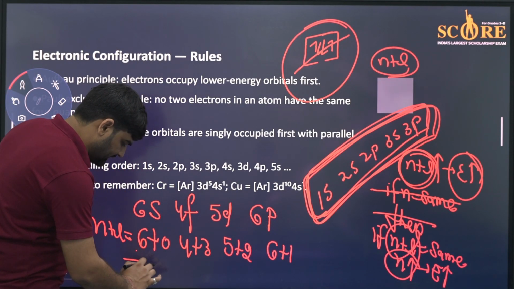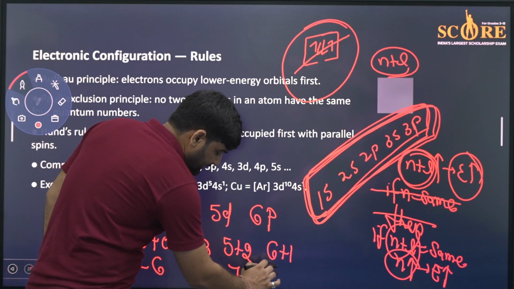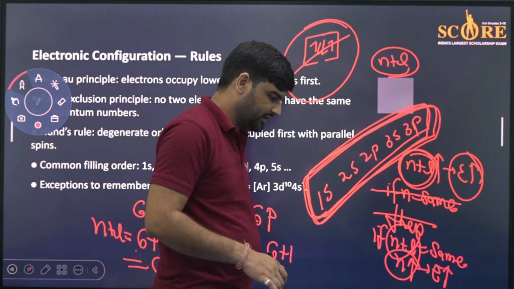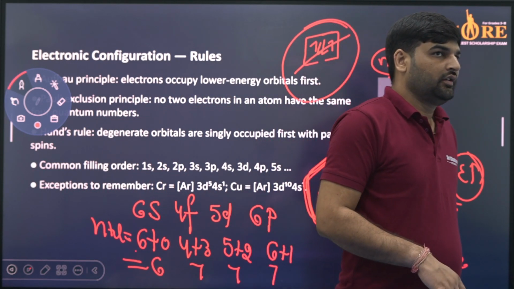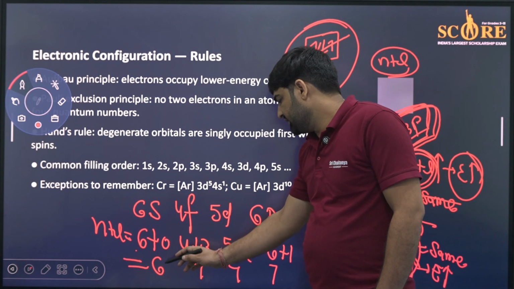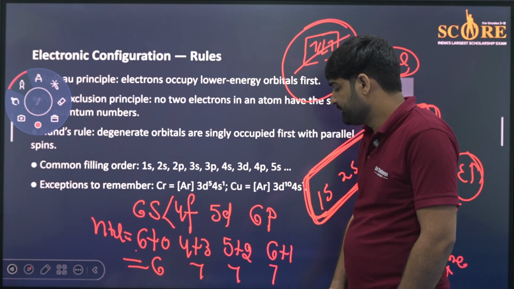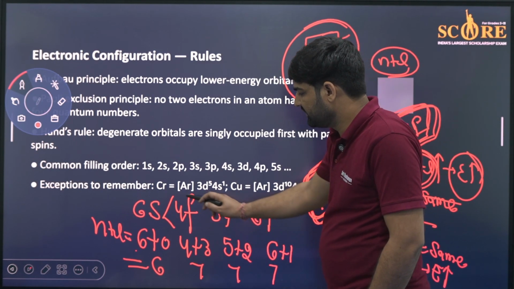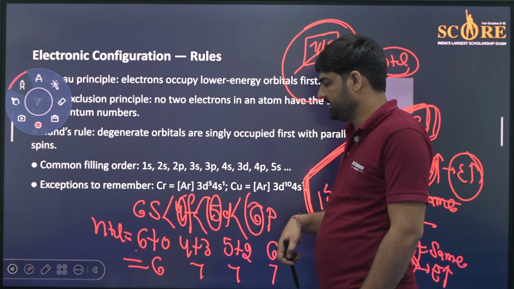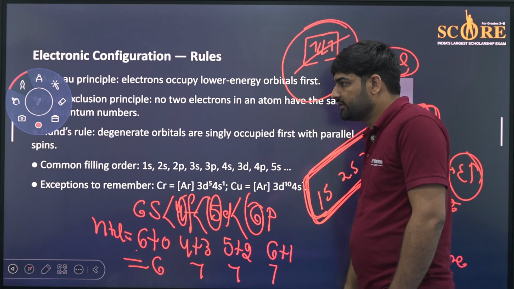So this is 6, and this is 7, 7, 7. First we have to check n plus l. If n plus l is increasing, then energy also increases. When n plus l is the same, then on increasing n, energy also increases. So this is the correct energy order.